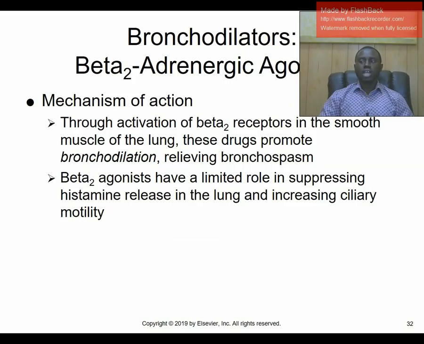Beta 2 agonists, however, have a limited role in suppressing histamine release in the lung and increasing ciliary motion. So the cilia that line the respiratory tract, these bronchodilators increase their motility, which is the movement, and this can cause any fluid that has built up, such as mucus, to be transported up so the patient can cough it up or spit it out.